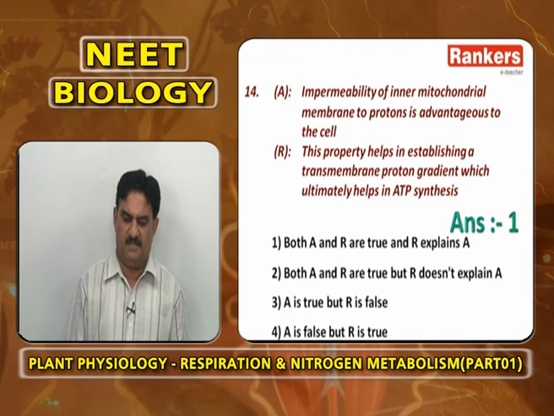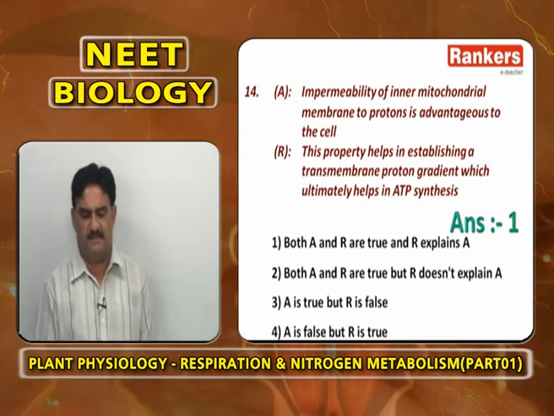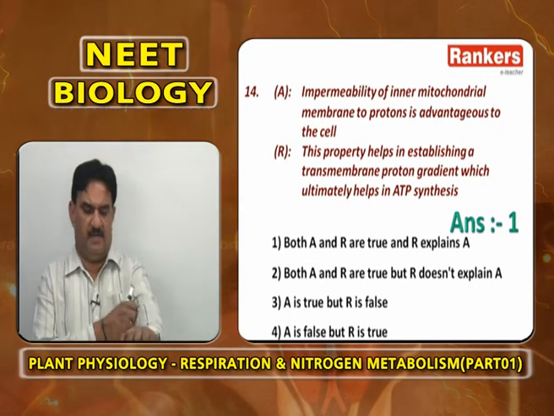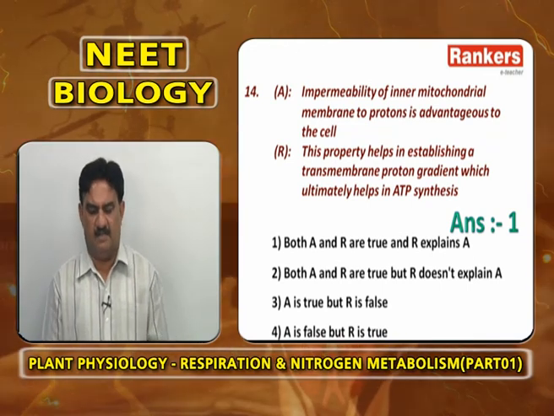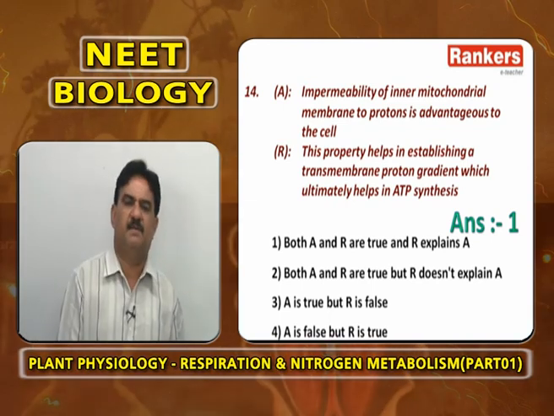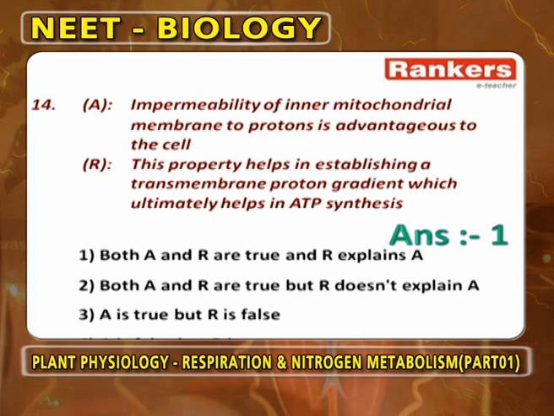This property helps in establishing a transmembrane proton gradient, which ultimately helps in ATP synthesis, correct. So, both A and R are correct. R is the correct explanation of A, first option.